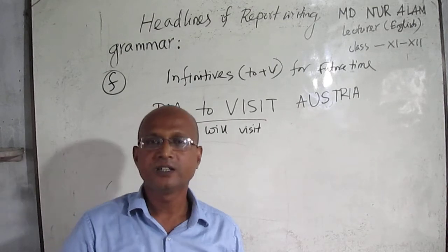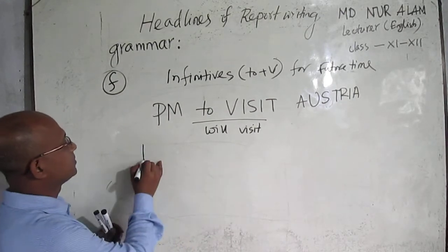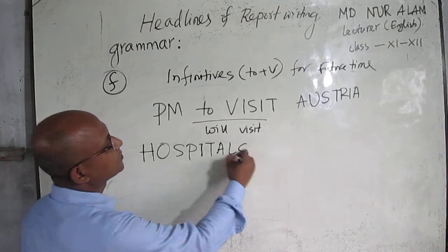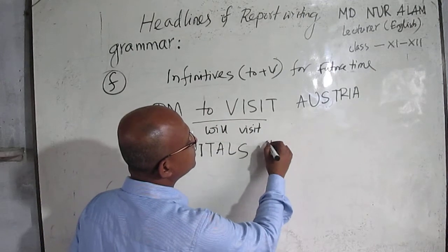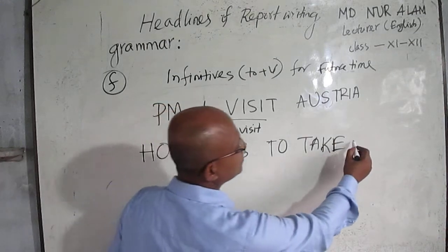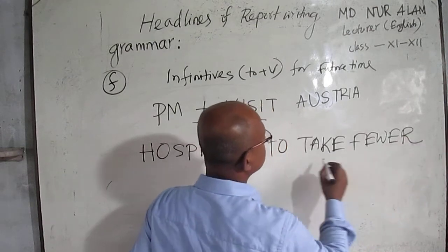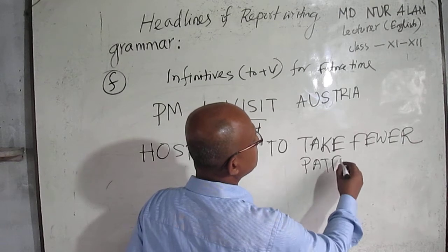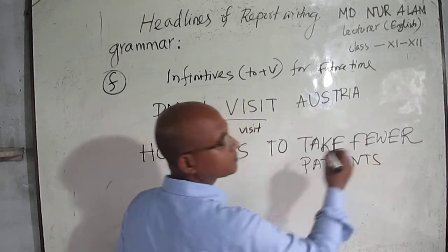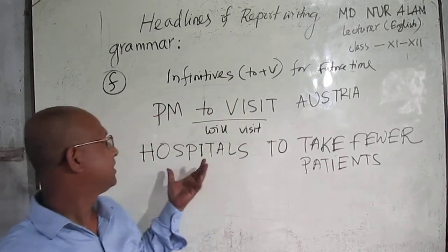Am I clear? Next, let's go to another example of infinitives. Okay, I think you have written this example on your paper, and now write this.